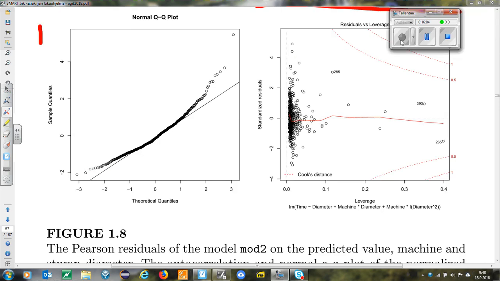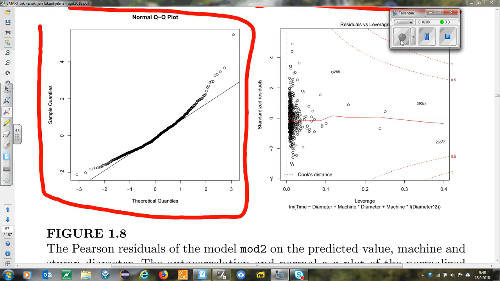And finally, here is my normal QQ plot of the normalized residuals of the final model. This is not very good. We see, for example, that for theoretical quantile -3, the empirical quantile is only -2, so we have a very short tail on the left-hand side.